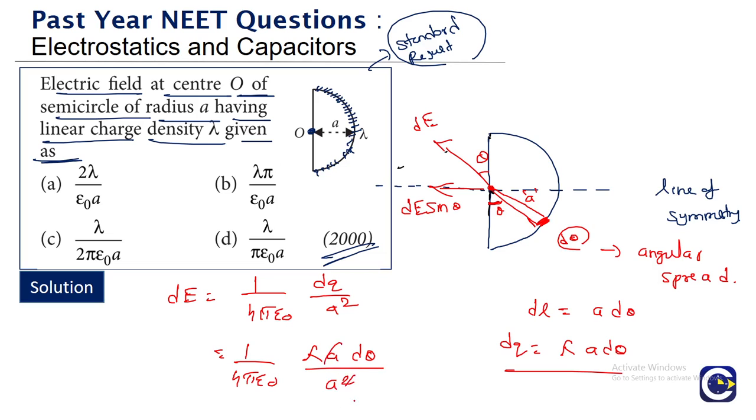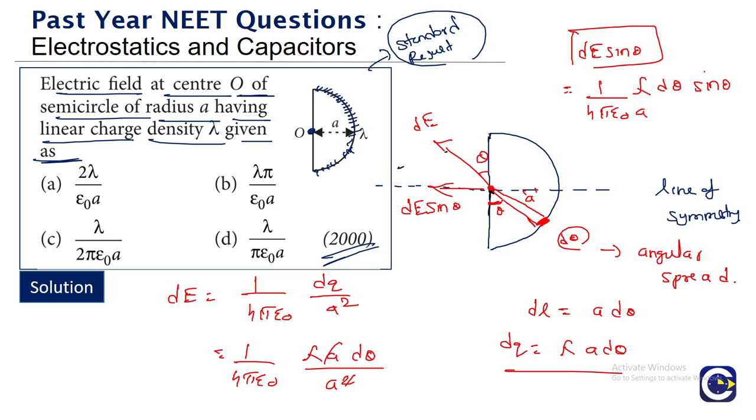So one a is cancelled. Now this is DE. We require DE sine theta, which means 1 by 4 pi epsilon naught into a, numerator we have lambda d theta into sine theta. This is our component of the electric field along the line of symmetry.